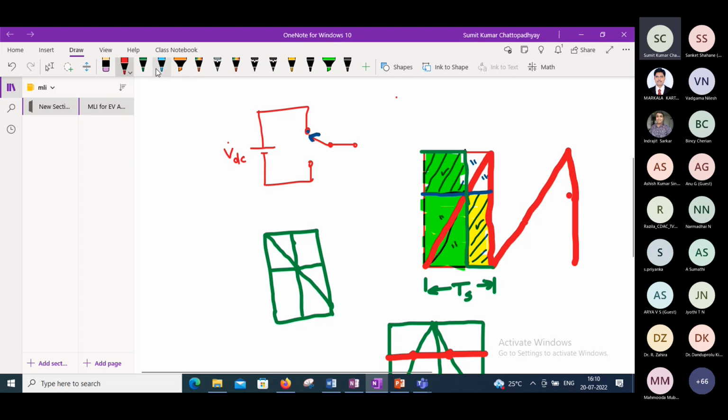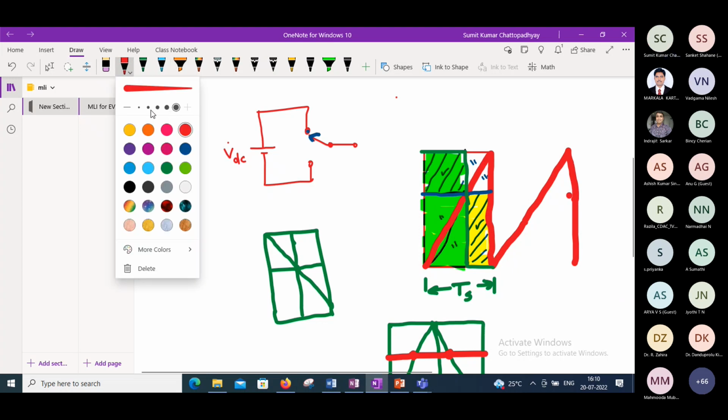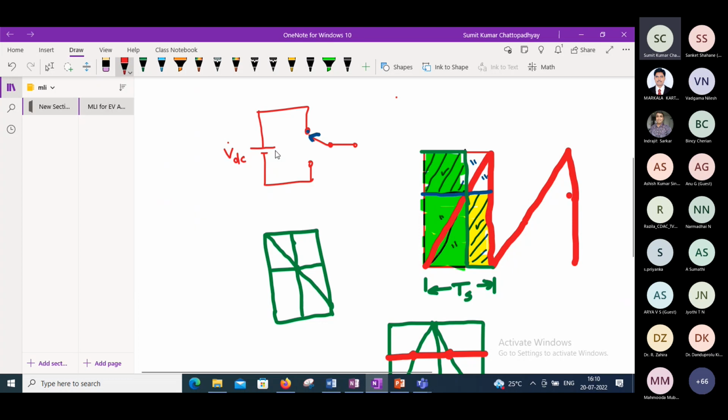Now here in this diagram, we do not have any option to make bipolar voltage. If I connect the load between any of the DC bus and this output, the voltage will not be bipolar. So here we can assume that bipolar voltage is going to be generated with respect to a midpoint. So each of the capacitors, these are the capacitors, each of them are at voltage VDC by 2.